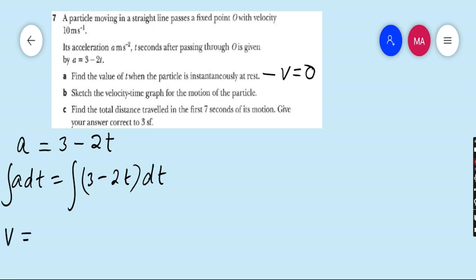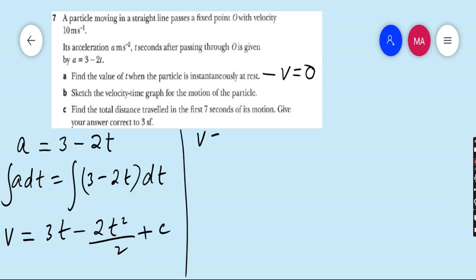So this will give us v. The integration of 3 is 3t minus 2t squared upon 2 plus c. So v is equal to 3t minus t squared plus c, as the 2 cancels.